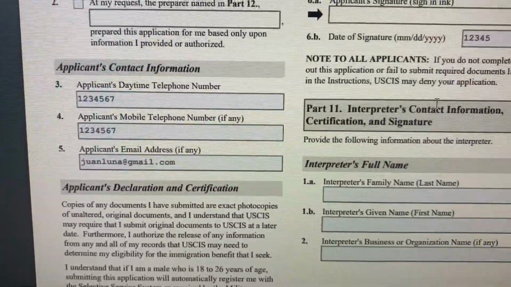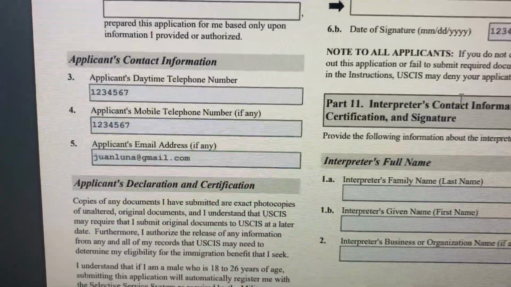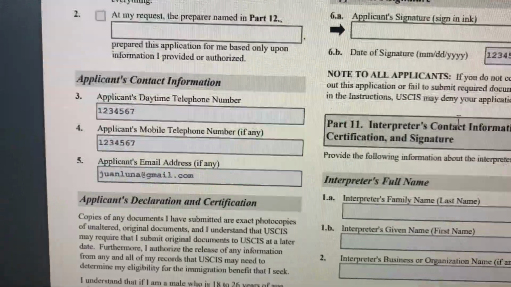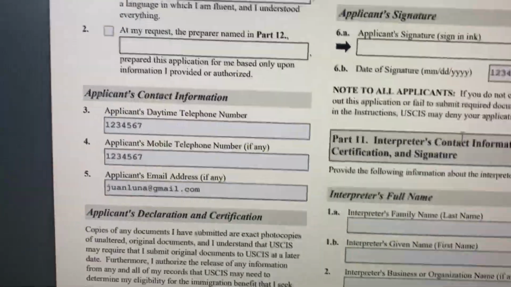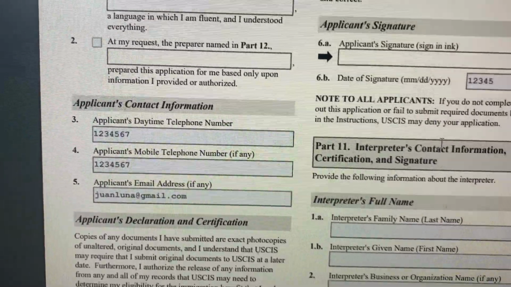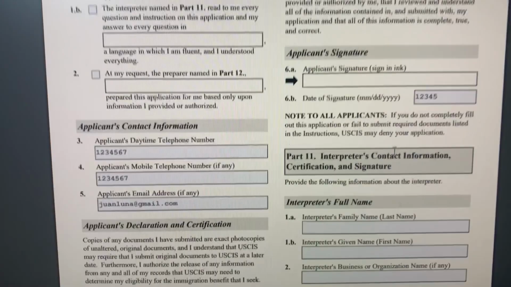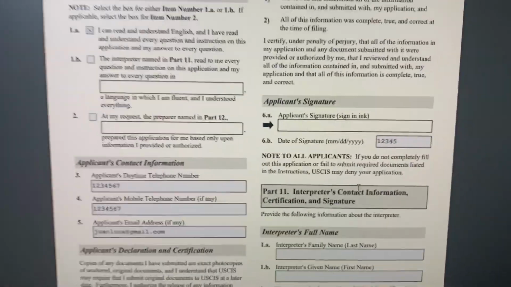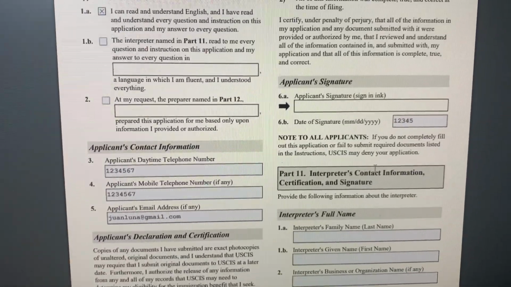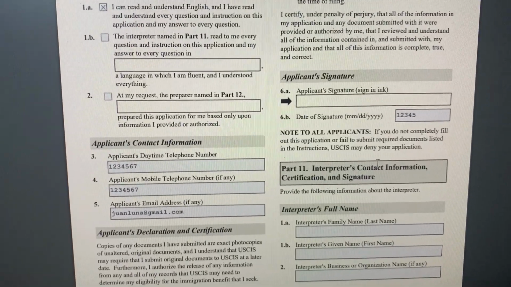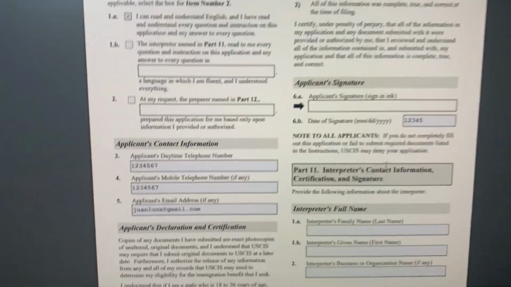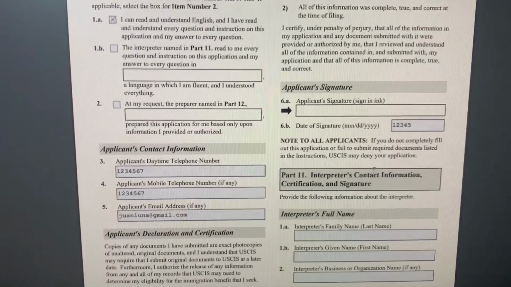Your info, your telephone number or your mobile number, and your email. I advise using the same email you used from the very beginning, from your country when you were doing the DS-160 and coordinating with the embassy in your home country.